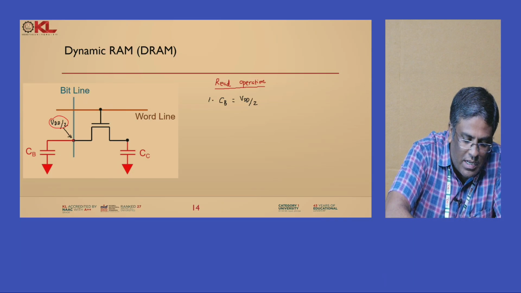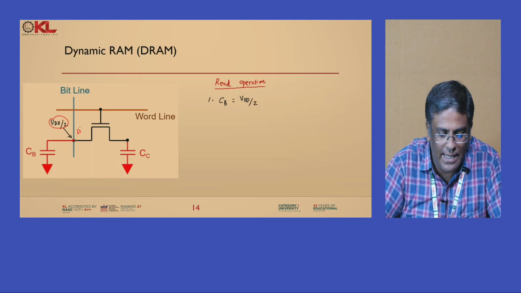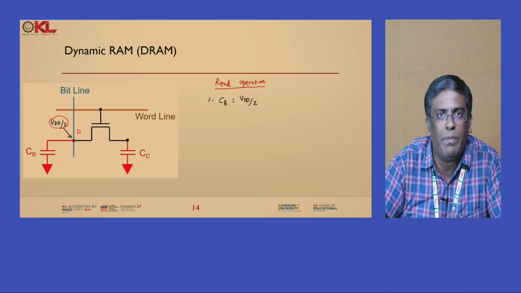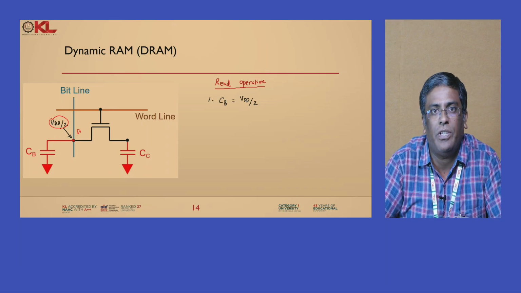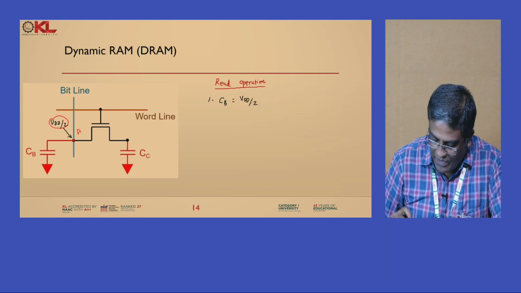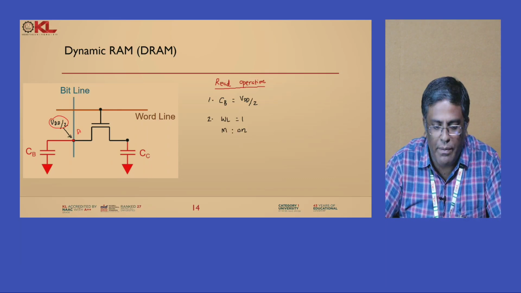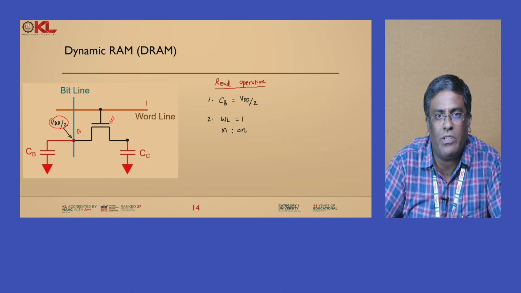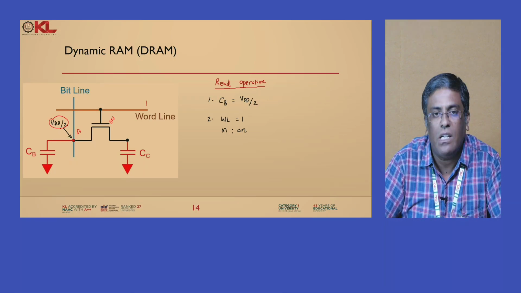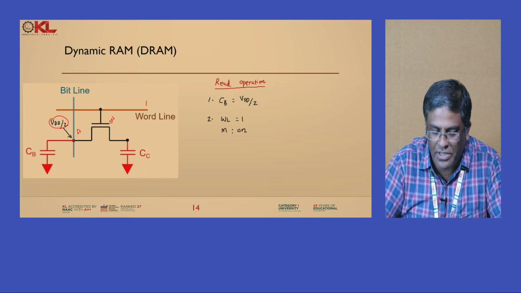Let's say the node at this point, node A, has the potential of VDD by 2, assuming that the pre-charge capacitor is charged up to the level of VDD by 2. And we make sure that WL is equal to 1, because when WL is equal to 1, the transistor turns on, so that we can access CC, the charge capacitor.